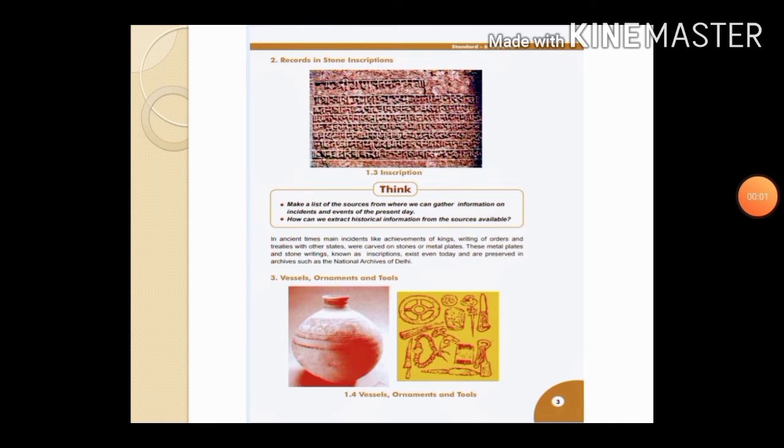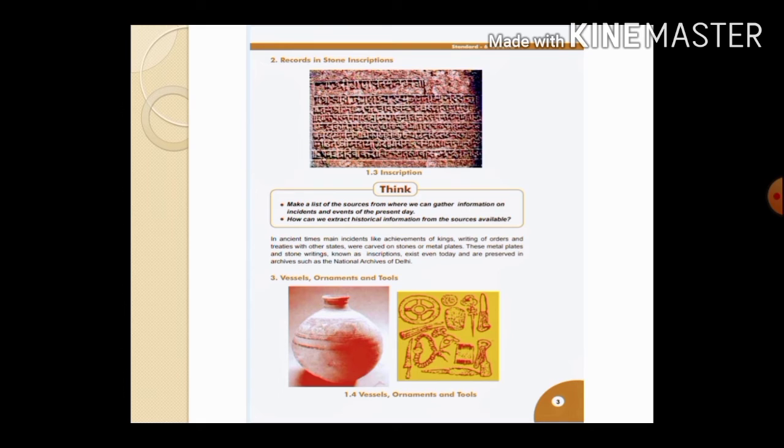Now coming to the next topic, records in stone inscriptions. In ancient times, main incidents like achievements of kings, writing of orders, and treaties with other states were carved on stones or metal plates.